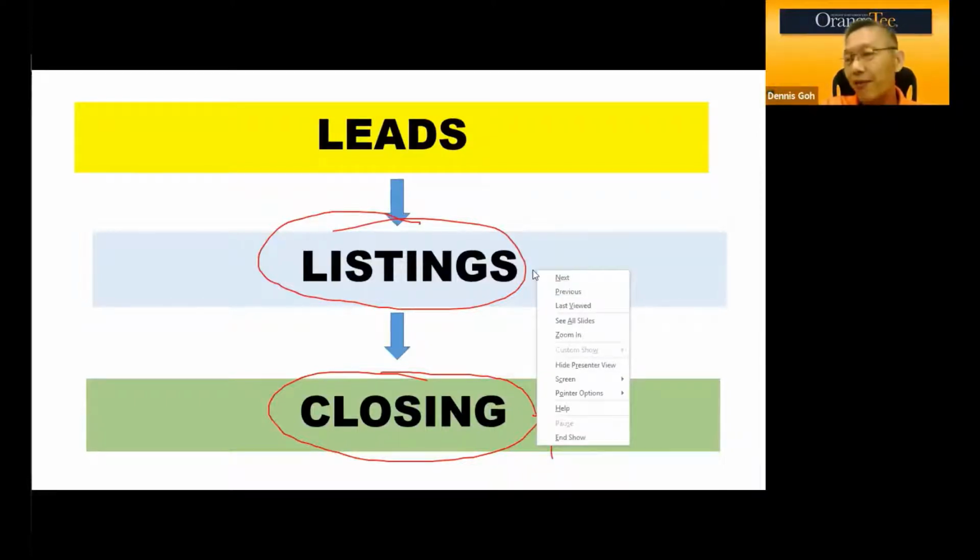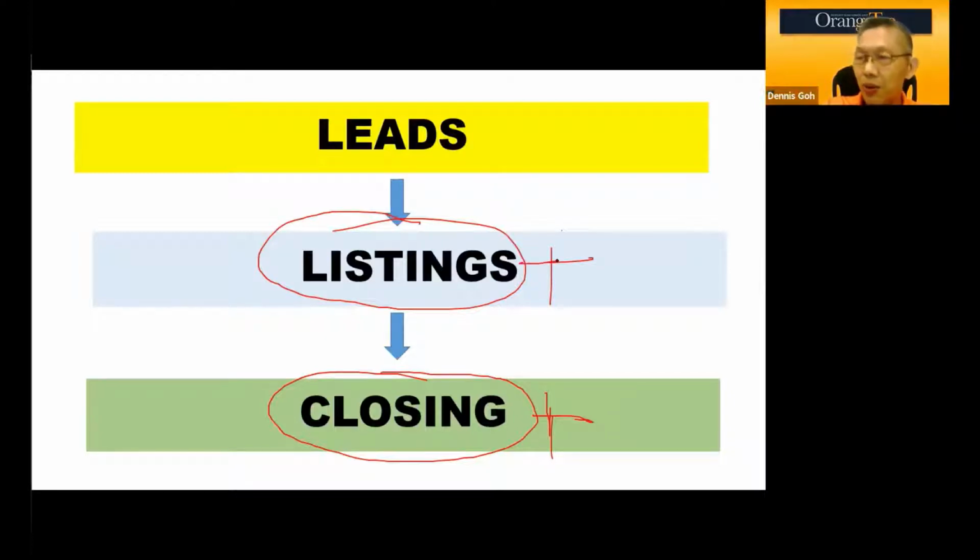Then in order to have more listings, we need a lot of leads. From these leads, we are able to find our way to the genuine listings. We filter them, and then we start to work on them.